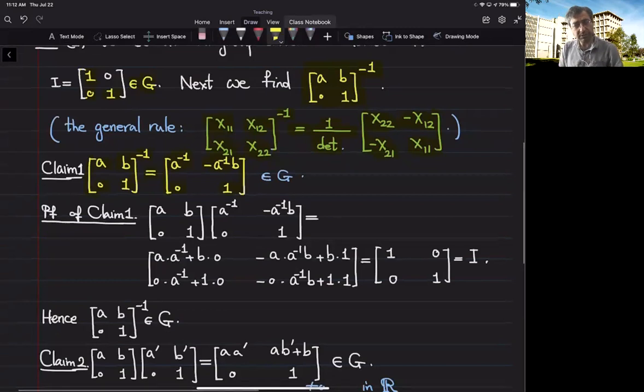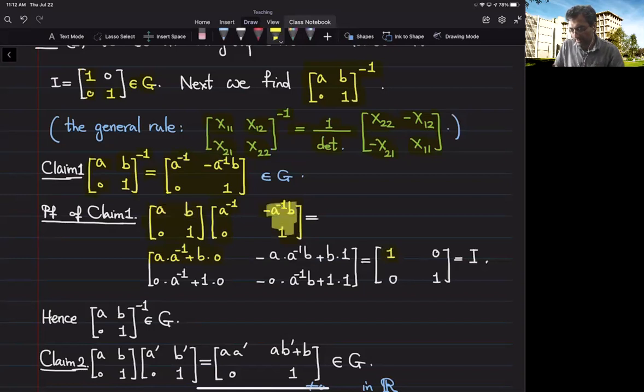But let's actually do it concretely by multiplying the matrix AB01 by the matrix that I'm claiming is the inverse of this matrix, and check whether or not we get the identity. So as I simply multiply these two matrices, I multiply the first row by the first column. A times A inverse is 1, B times 0 is 0, so I get 1 in this component.